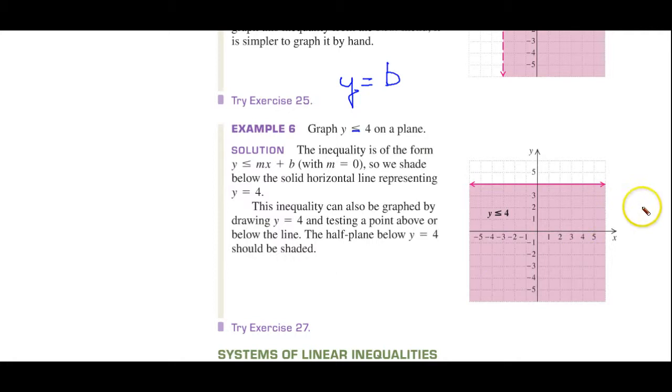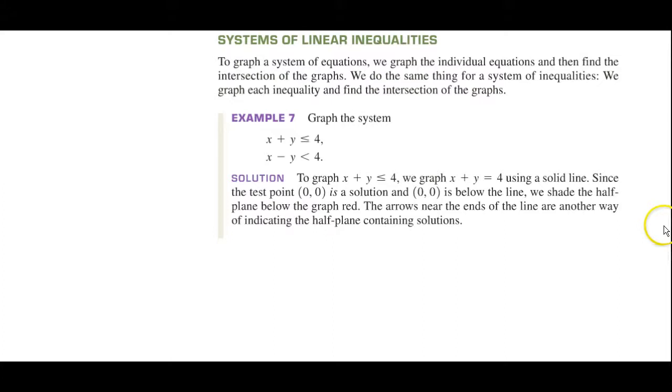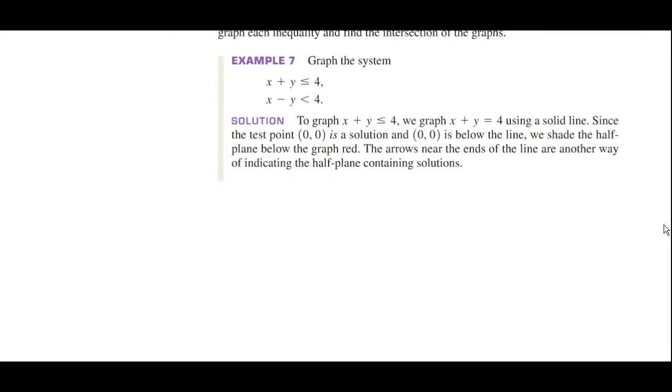Now, how about if we have systems of linear equations? That is, we have two of them and they want us to graph them. Well, again, they're both in standard form. So let's do a little t-chart for each one. This will be the first one, and we'll call this one the blue one. So this is going to be 0 and 4, 4 and 0.